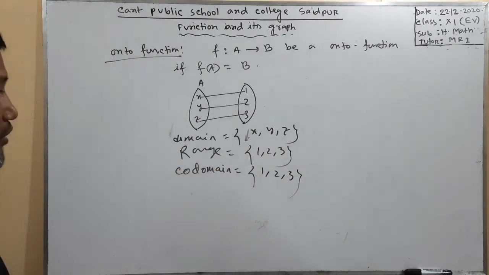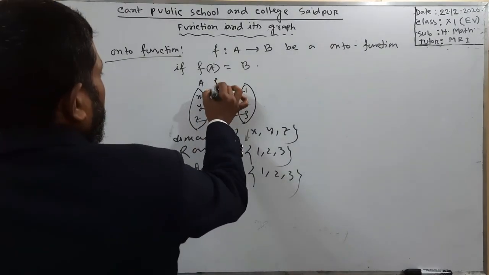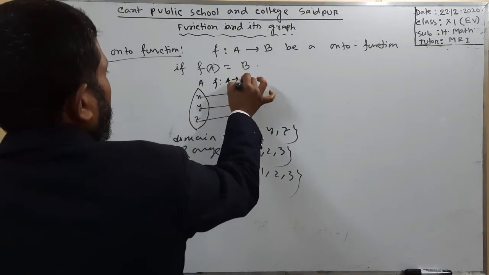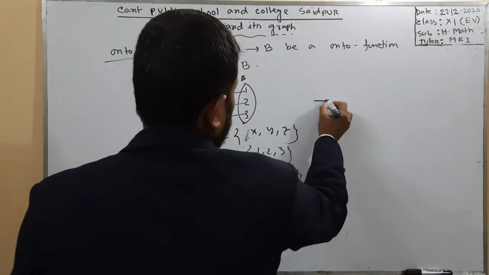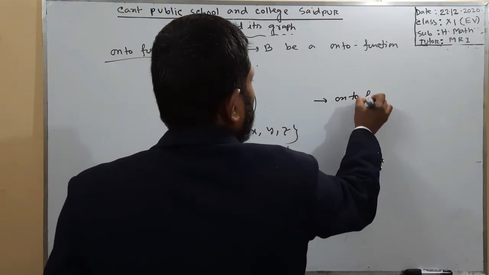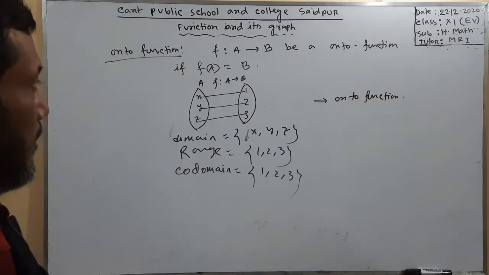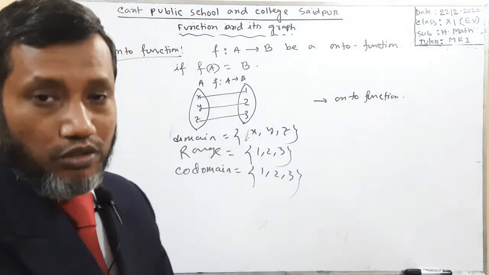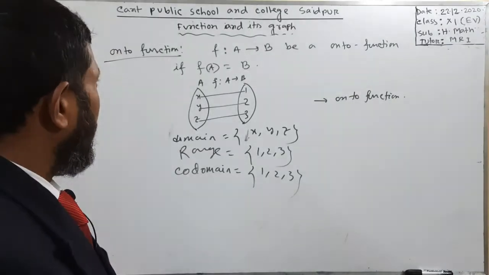Since range and codomain are equal, the function is an onto function. If the codomain is equal to the range of the function, then the function will be an onto function.